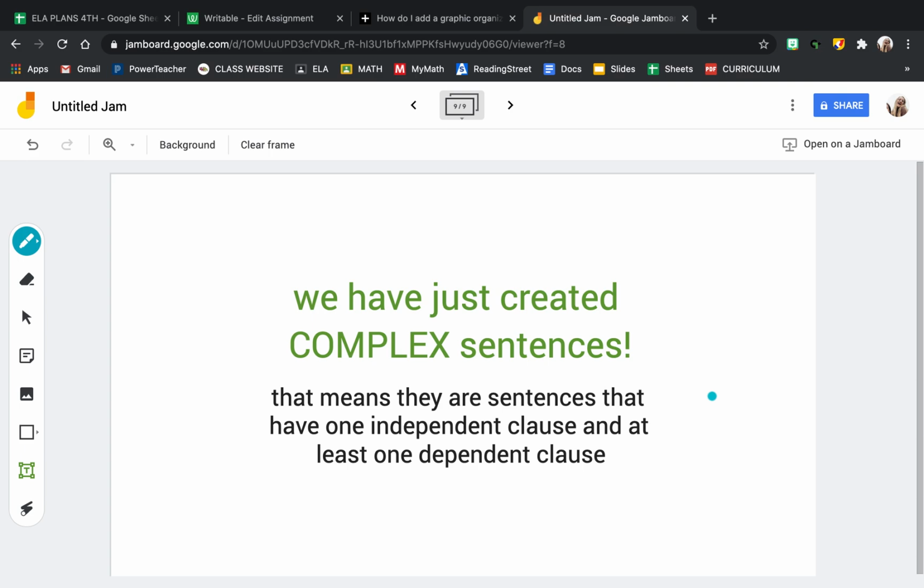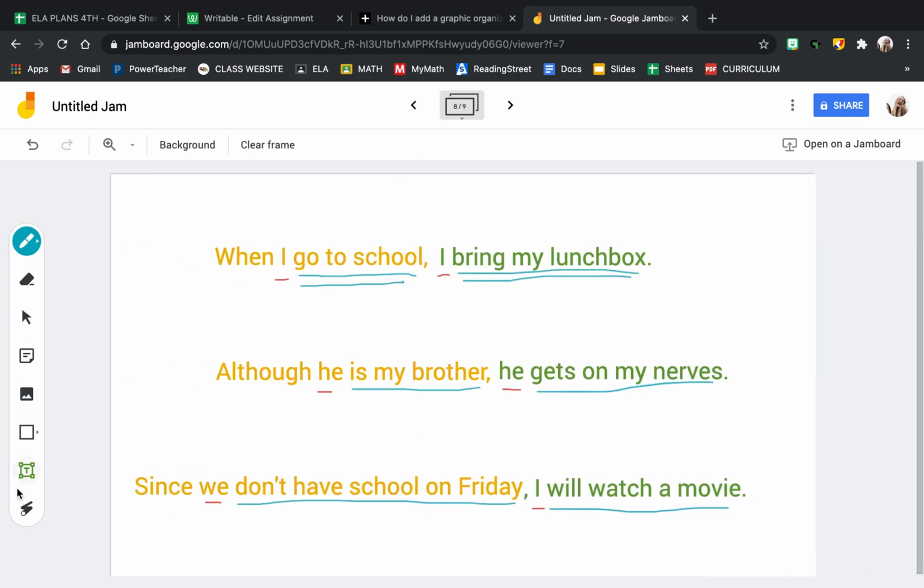Now we have complex sentences. These are the sentences that have one independent clause and at least one dependent clause. So looking back at here, all of these sentences have an independent clause, that's this part, the part that stands on its own, okay? But they also have these dependent clauses connected. So all of these are complex sentences.